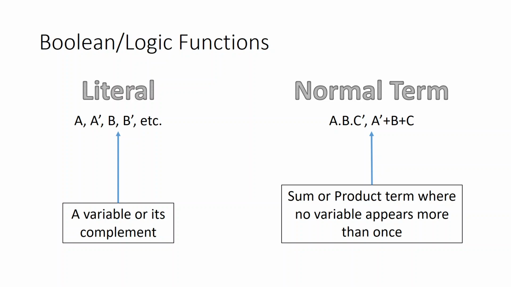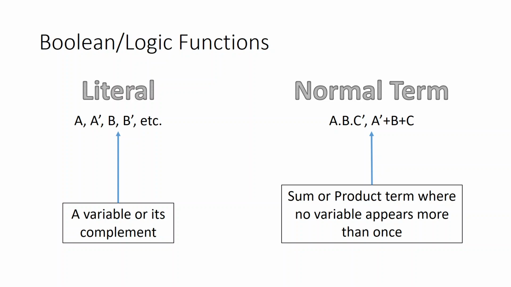A normal term is special in that we do not have any variable repeating itself. That means no literal is repeating itself. A variable does not appear twice in its original form or in the complemented form.